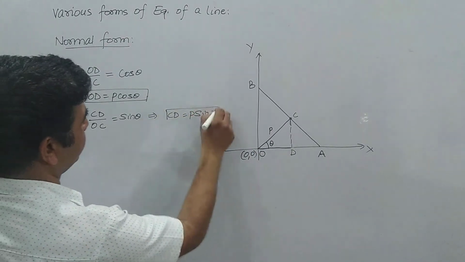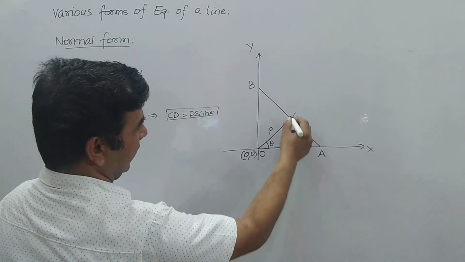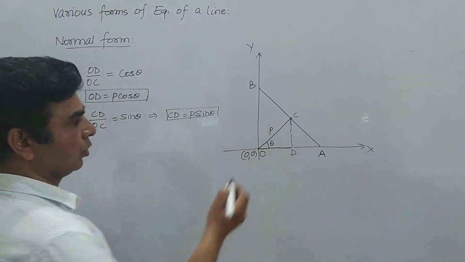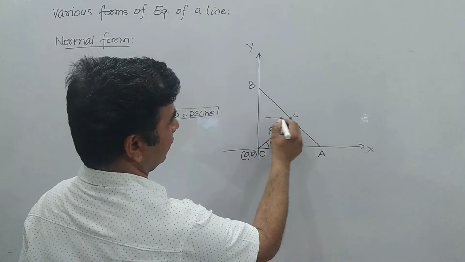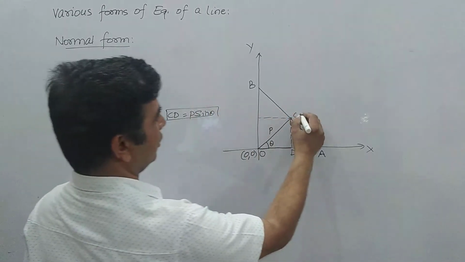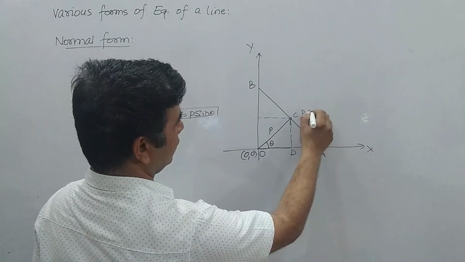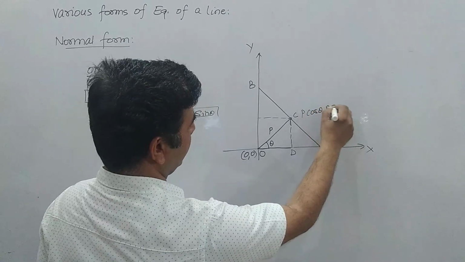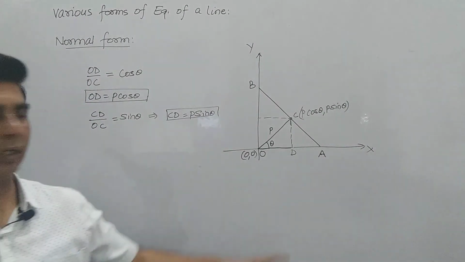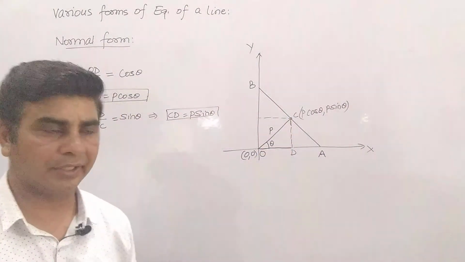So this distance is p cos theta and this distance is p sine theta. So the coordinates of the point C are p cos theta comma p sine theta.